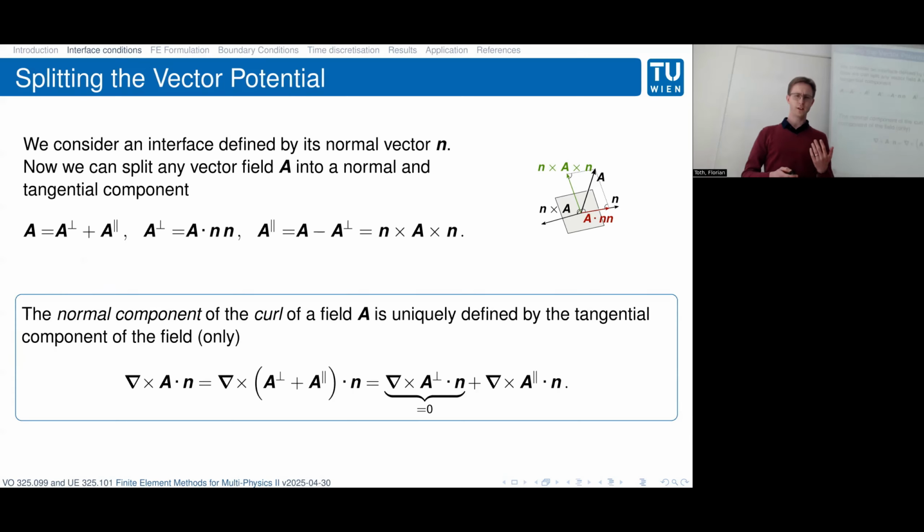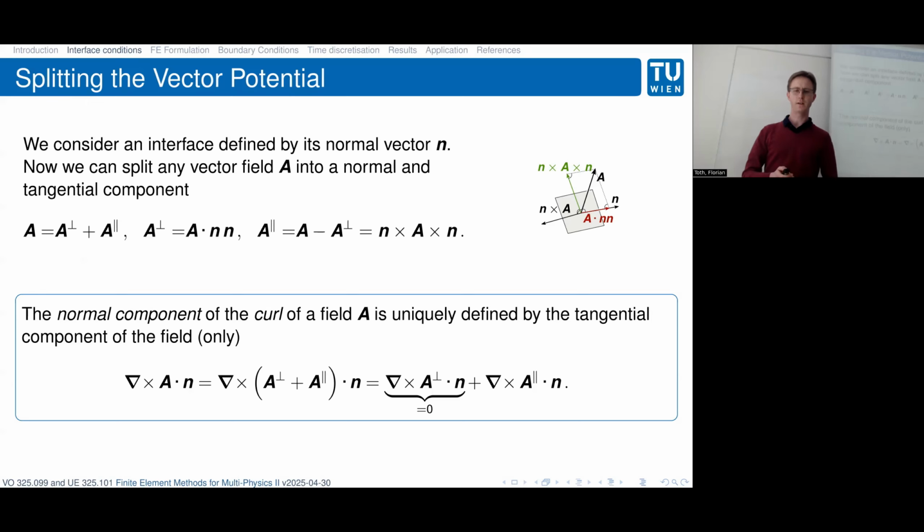And if we do this, we see that the normal component of the curl of any field A is uniquely defined by the tangential component of the field only. And you see this when you do the math. You compute the normal component by the help of the inner product with the normal vector that gives you the normal component.